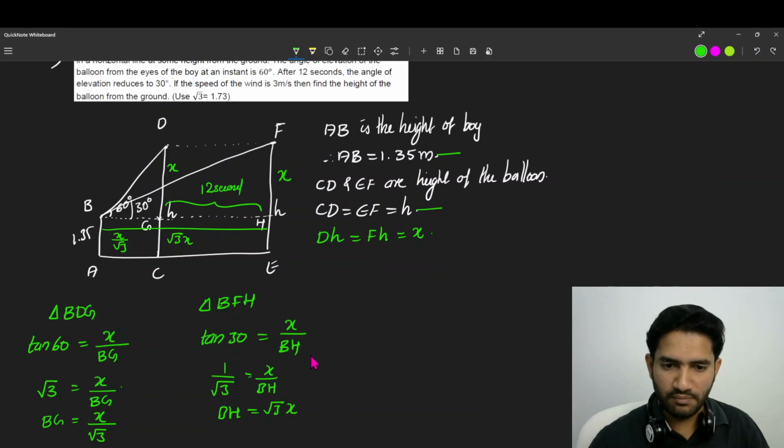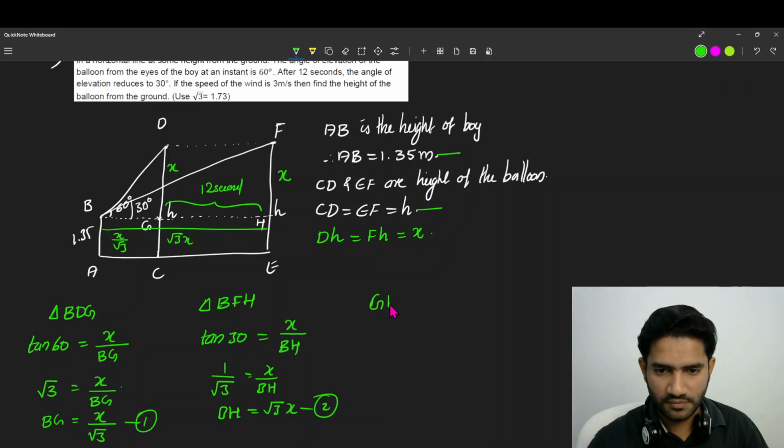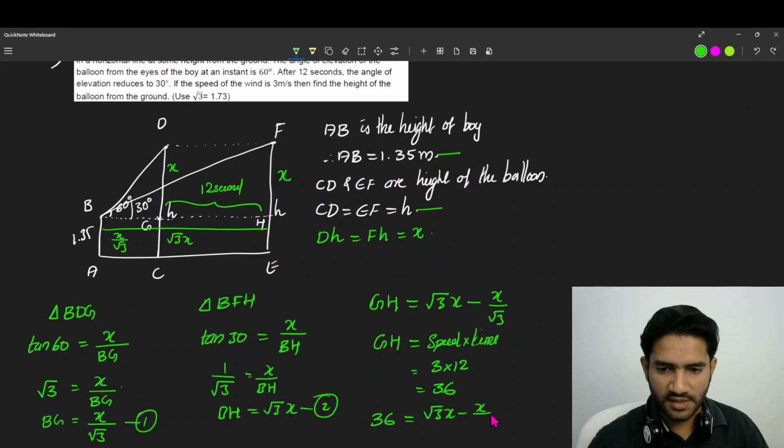By using equations 1 and 2, GH is equal to root 3x minus x by root 3. Distance is equal to speed into time, which is 3 into 12, that is 36. Therefore 36 equals root 3x minus x by root 3.